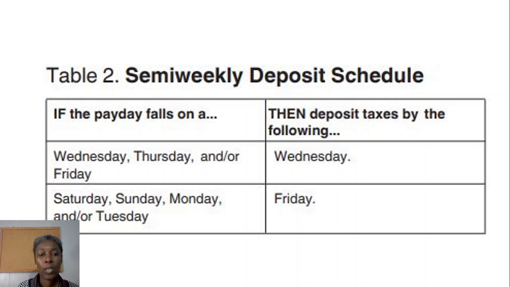And if you pay wages on Saturday, Sunday, Monday, and Tuesday, then by that Friday, the same week as Monday and Tuesday, you deposit your tax liability related to those wages.